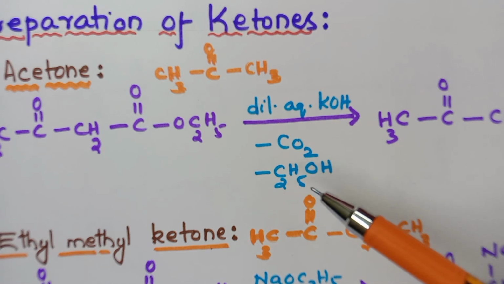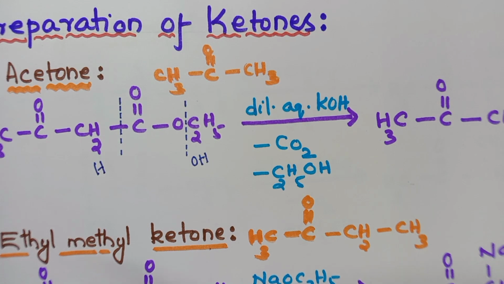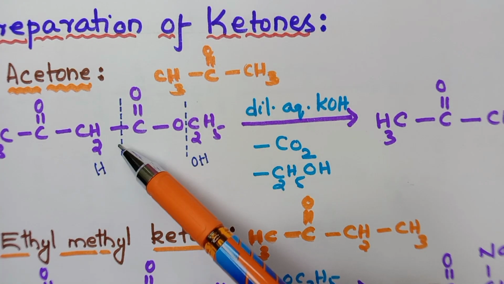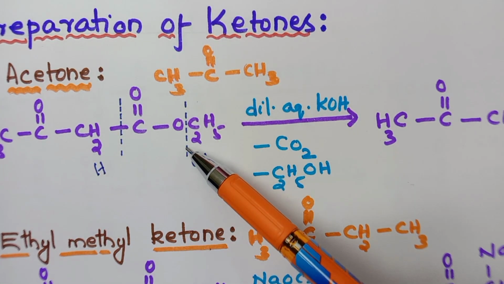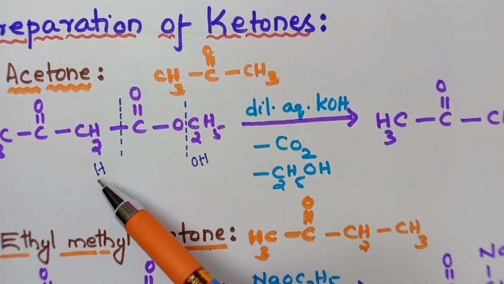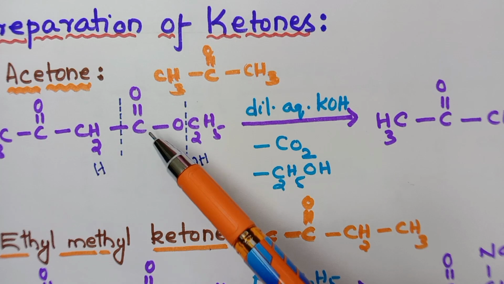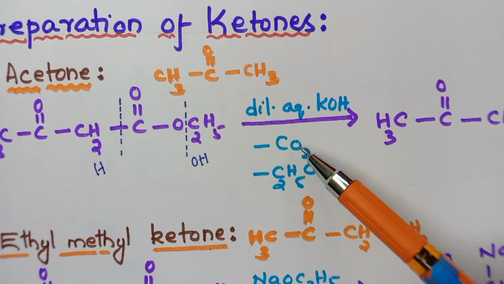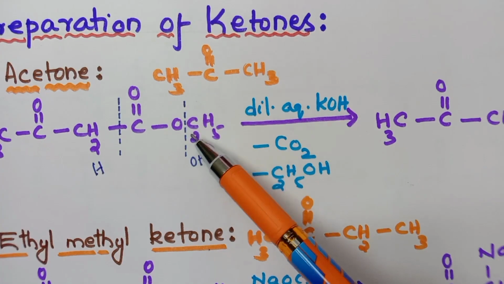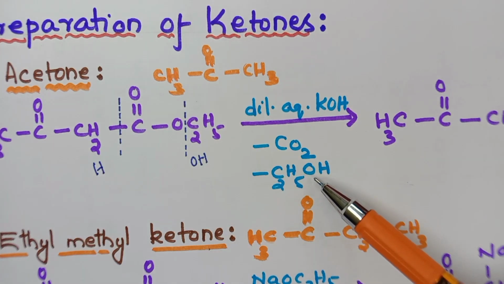How hydrolysis has taken place and which bond is broken, I will show you students. Look here, this bond is broken and this bond is broken. Hydrolysis, hydrogen this side, OH this side. CO2 is coming out, carbon dioxide. Next C2H5OH is coming out.